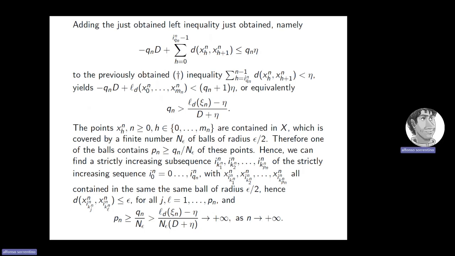Now, P_n also goes to infinity, and all I need, in fact, is to know that after some time it is large. So this is a strictly increasing subsequence of the sequence that we defined before.